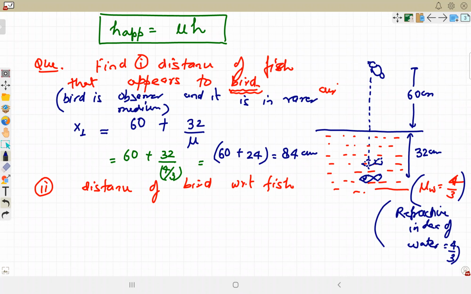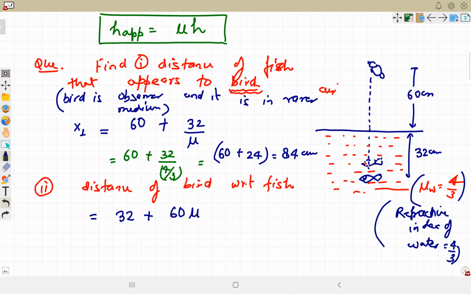When we look from denser to rarer, the distance in its own medium, the surface for the fish will be at 32 only, and for the outside medium, the height of the bird, that is 60, will appear 60 times mu. Right? Because when looking from denser to rarer, the height of the object increases.